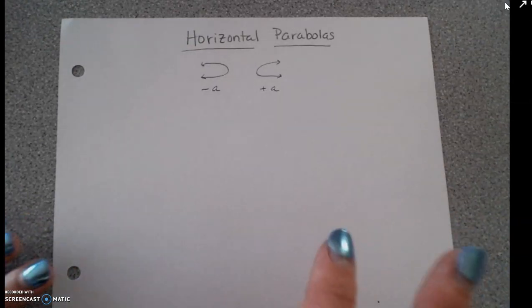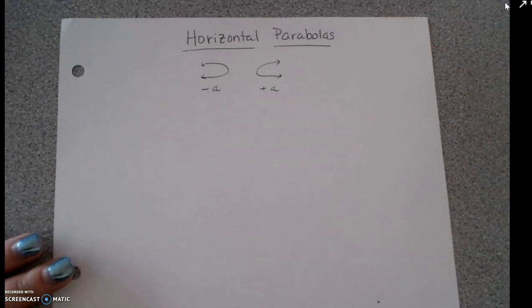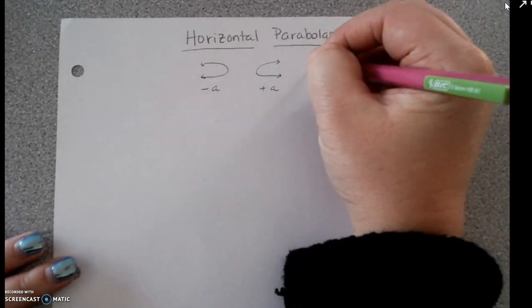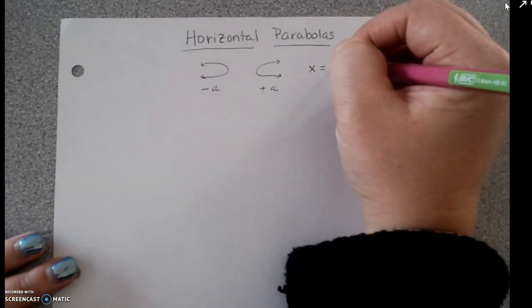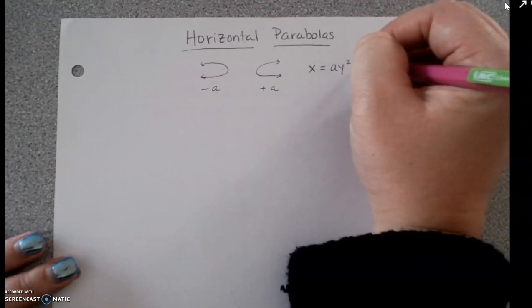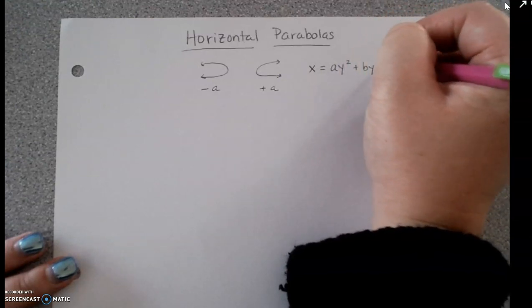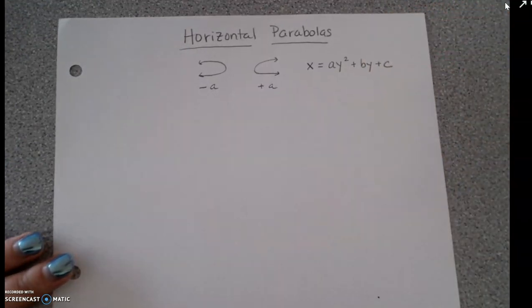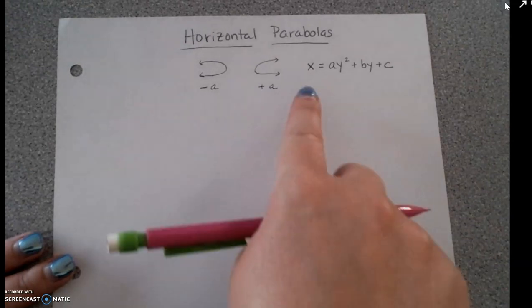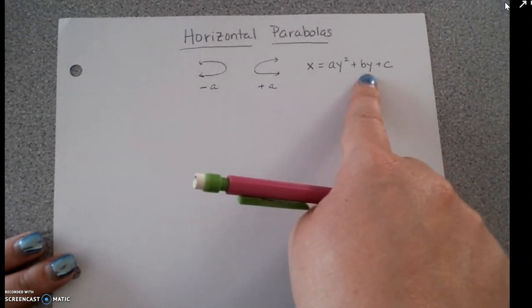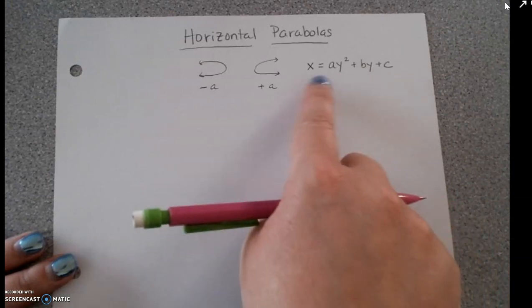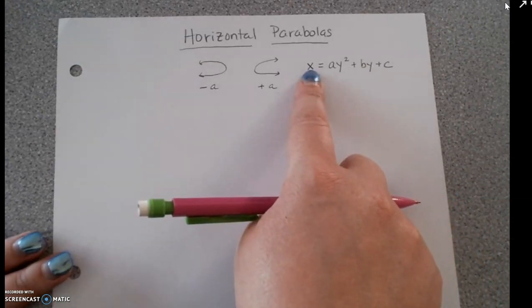These are not in the form y equals ax squared plus bx plus c. These are in the form x equals ay squared plus by plus c. So it has taken all of our x's and replaced them with y's, and taken our y and replaced it with an x.